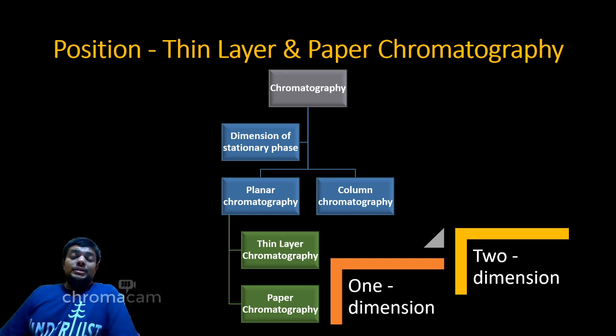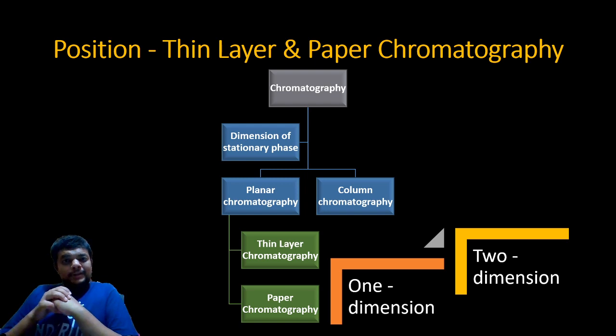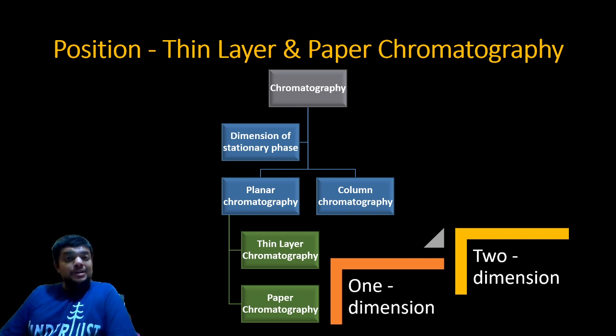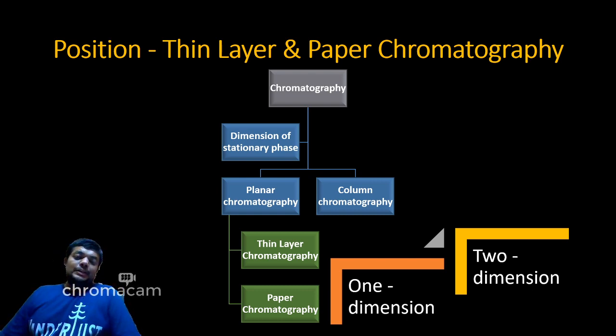As I told you in the day 1 lecture, if you recall, when we divided chromatography on the basis of shape, it was planar and column, where planar is one dimension and two dimension, and column is three dimension from my point of view. But remember very well that whether it is thin layer or paper chromatography, it can be described as one dimension or as two dimension.